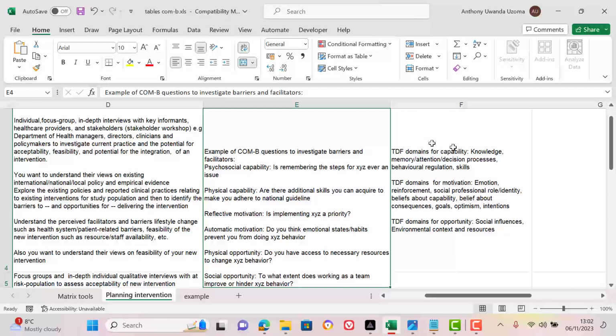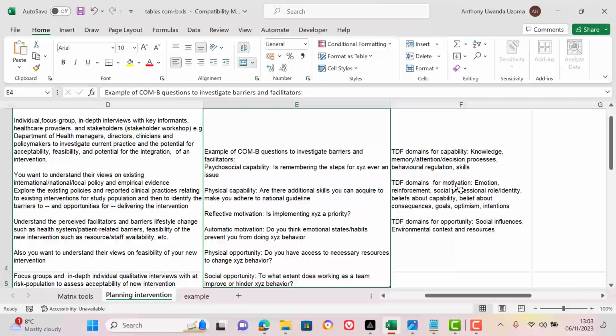If your questions are around these areas, that means you are assessing their barriers and facilitators in attending the antenatal visits, to determine their level of capability.